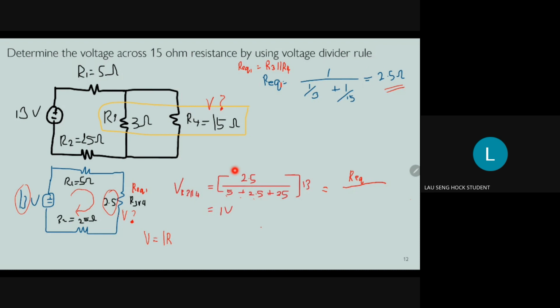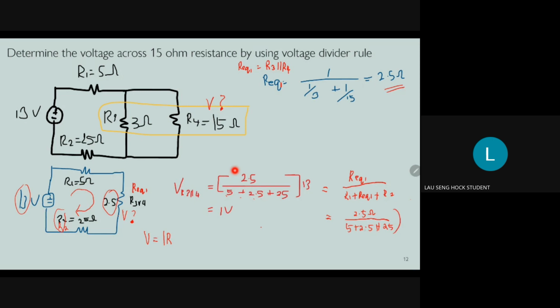So to get the voltage at R equivalent 1, it is R equivalent 1 over R1 plus R equivalent 1 plus R2, which is this one. So R equivalent is 2.5 ohm divided by 5 plus 2.5 plus 25.